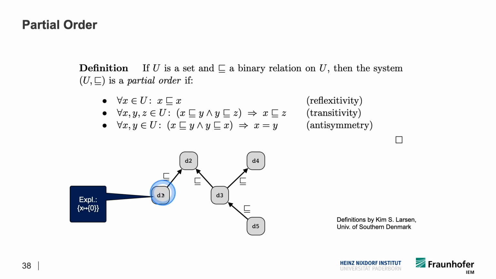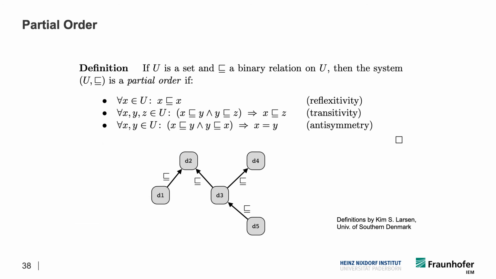So each of these nodes in this partial order would be, for instance, such a mapping here, or any other kind of domain element that I showed you previously. So these are domain elements, and we assume they're ordered this way. So for instance, you could have a domain element here that is larger in the sense that it's a superset of the other one that you have here, okay?